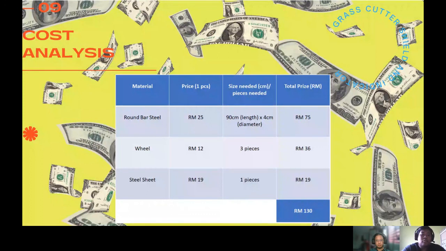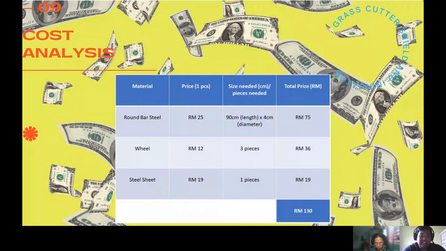Next, the wheel. For one piece of the wheel the price is 12 ringgit, and we need three wheels to attach to the body. So it will cost around 36 ringgit.